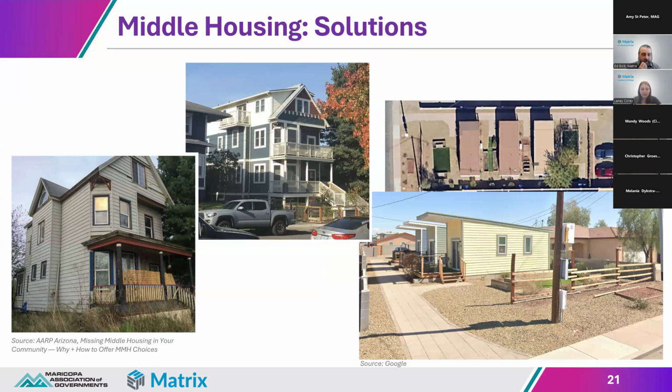Okay, and then this one is just showing additional homes that are illustrating those missing middle housing types, much like we saw earlier with the older homes that can be for 2 units, 3 units, 4 units. They can just be divided up into spaces. Although not very common here in the Phoenix metro area, much more common in the east, are the old turn of the century mansions that were developed years ago that are now in areas that have changed, and the mansions have kind of fallen out of favor.